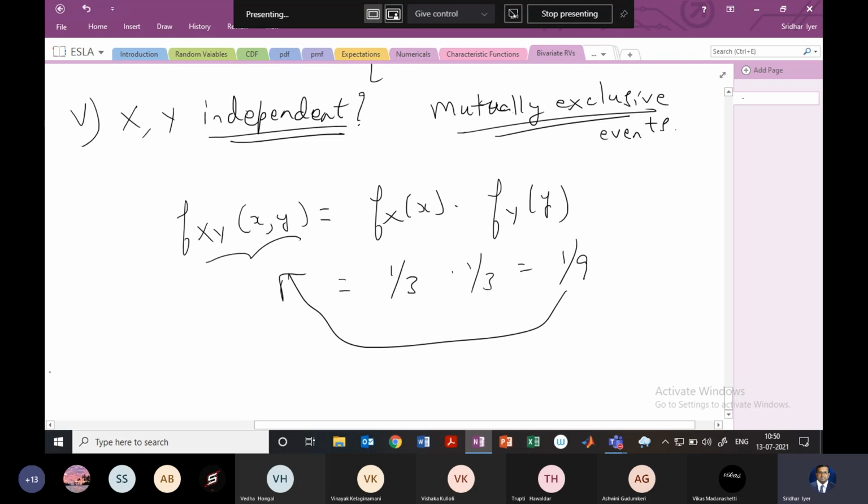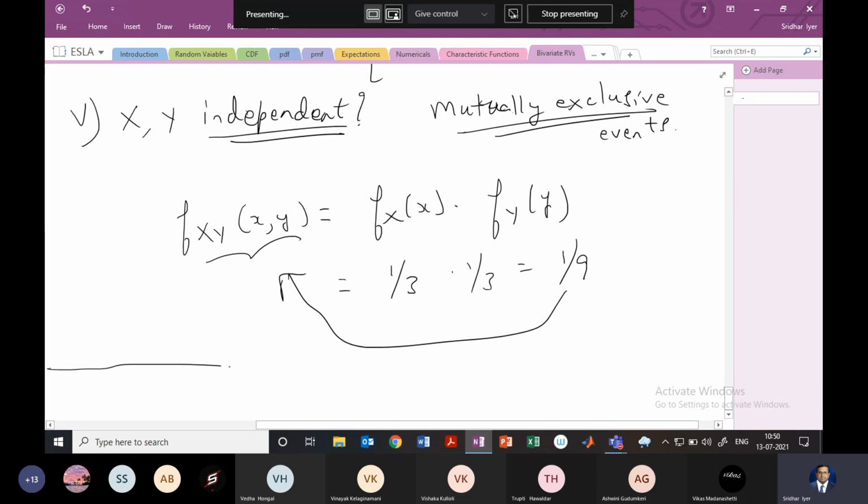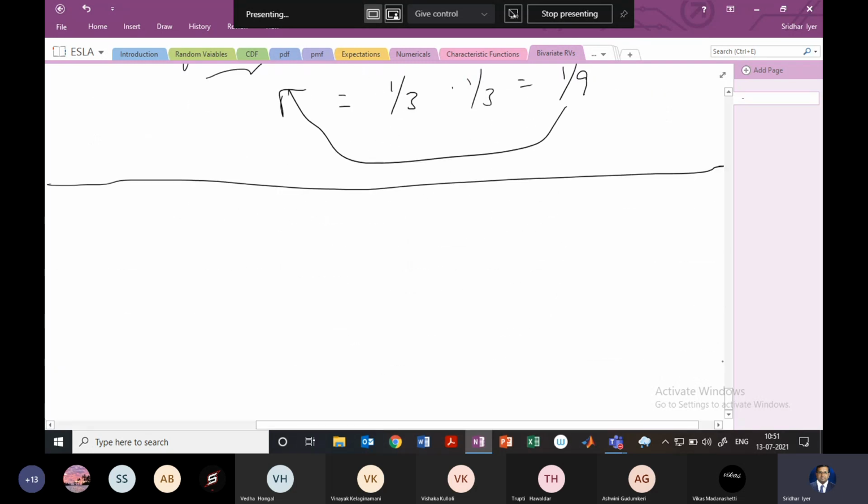There's not going to be any question different from the one I have given you. Find the constant, find individual CDFs and PDFs, find the individual PDFs, are they independent, are they mutually exclusive? These are the only options for the questions.